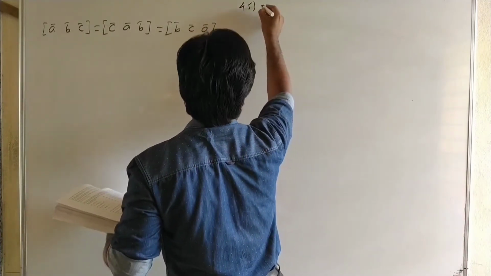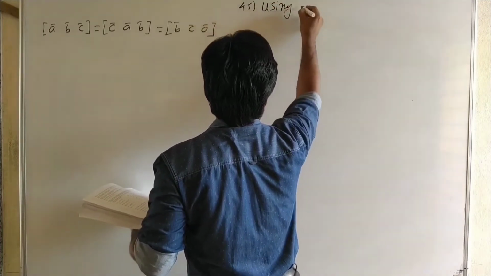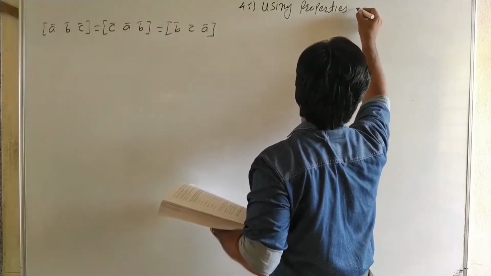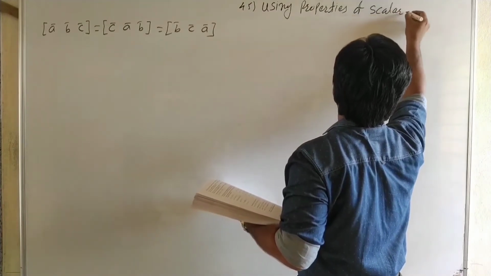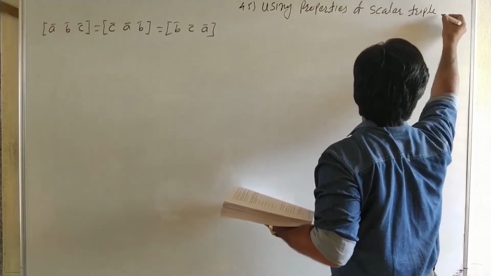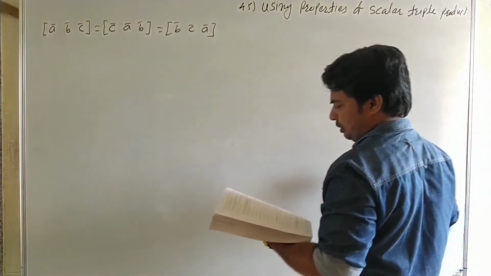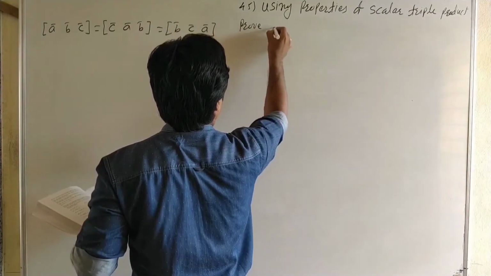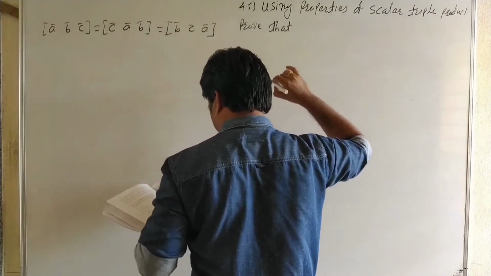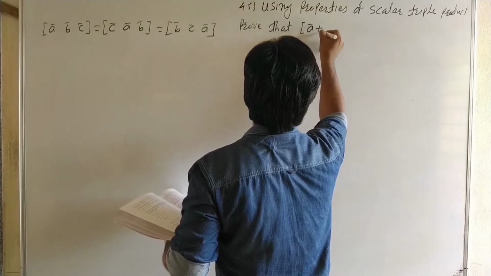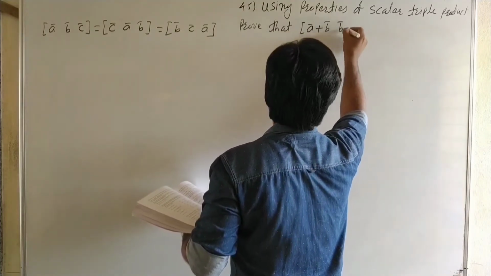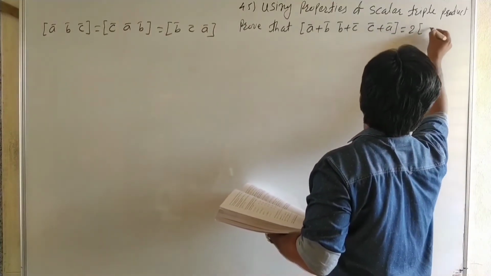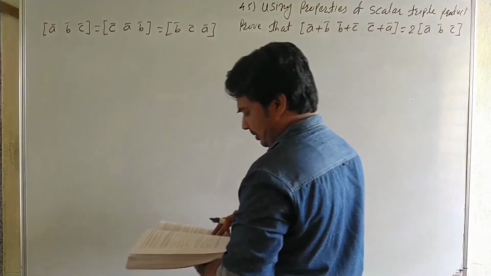Using properties of scalar triple product, prove that the triple product of a bar plus b bar, b bar plus c bar and c bar plus a bar is equal to 2 into the triple product of a bar, b bar, c bar.